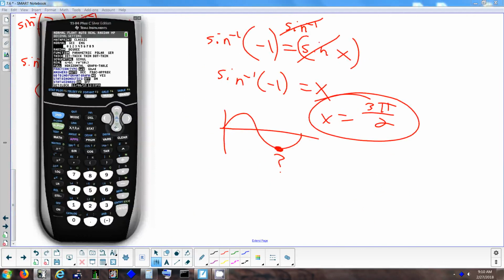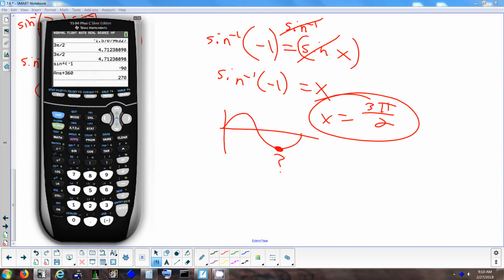So what I always do is, if they want the answer in radians, do it in degrees first. Now I got a nice answer, negative 90. And then if they wanted it between 0 and 360, I would just say, all right, just add 360.